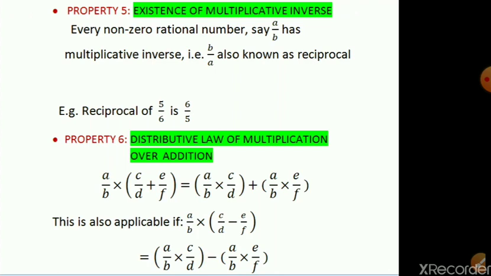Both are multiplied separately and then we add these two. So this is making the calculation easier. This is also applicable if instead of addition there is subtraction.